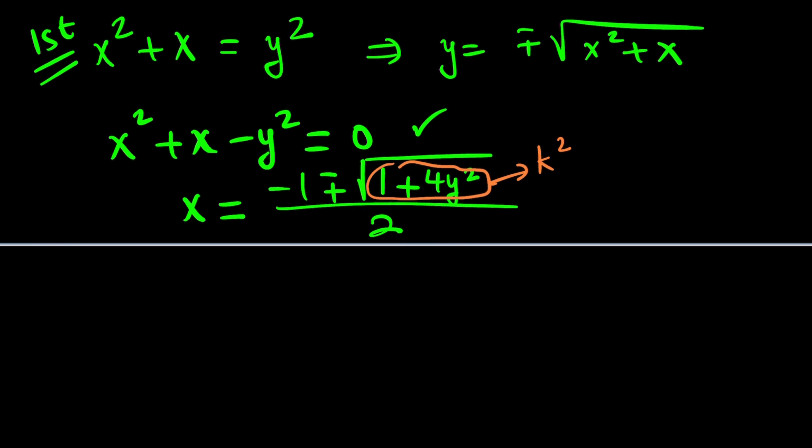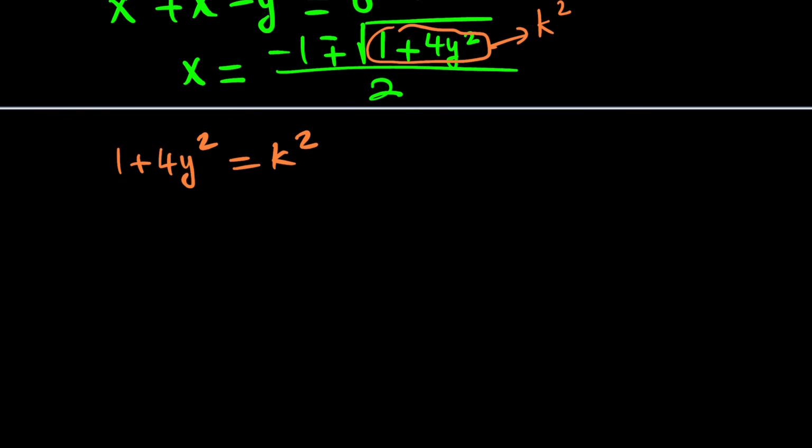So this gives us the following. 1 plus 4y squared equals k squared. Now, is this better than the original equation? Absolutely, because guess what? We can go ahead and subtract 4y squared from both sides and switch sides here. k squared minus 4y squared equals 1. And the left-hand side is factorable by difference of two squares. For those of you who are new to difference of two squares, I'm going to explain what that means so it's clear enough.